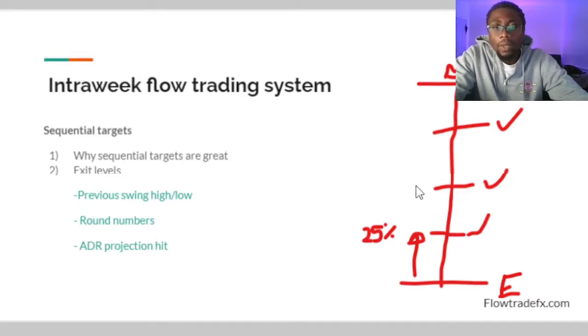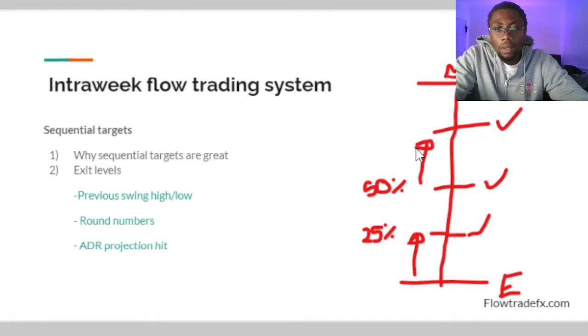At this point, you lock in another 25% of your trade, so 50% is locked in. The other 50% is still running. At this point, you have 75% of your trade locked in as profit. Now you have just the remainder, 25%.